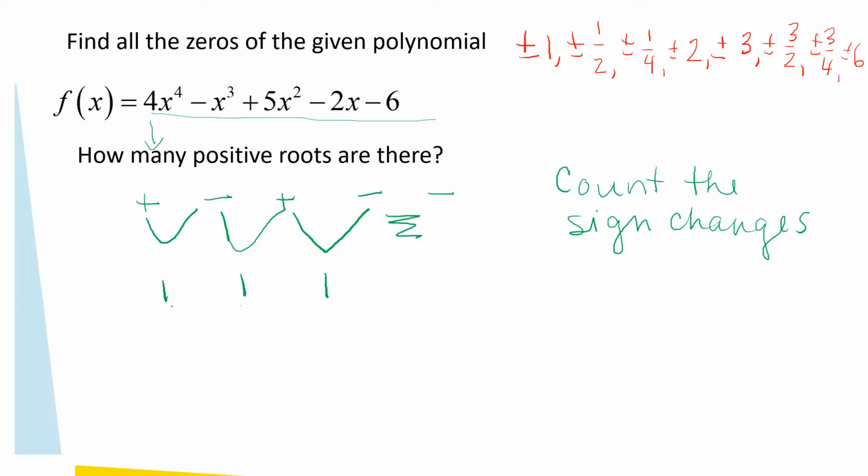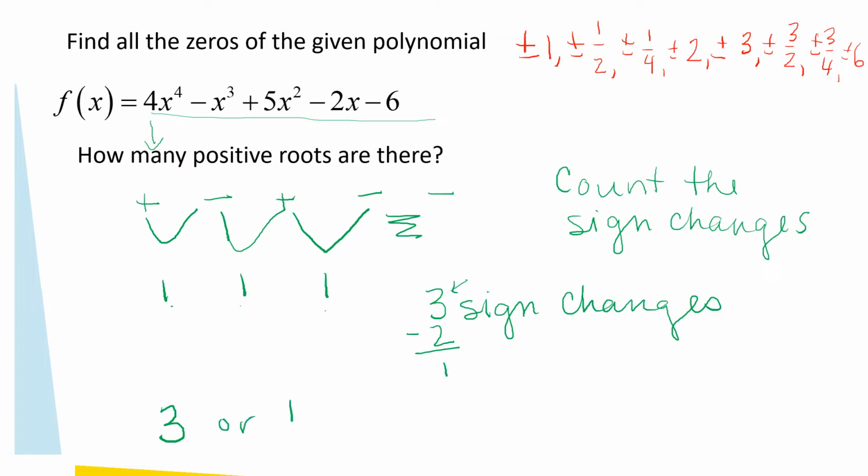So we have 1, 2, 3 sign changes. So the number of positive roots is going to be 3. And if this is greater than 1, you're going to subtract 2, because it could also be that number. So it has 3 or 1 positive roots.